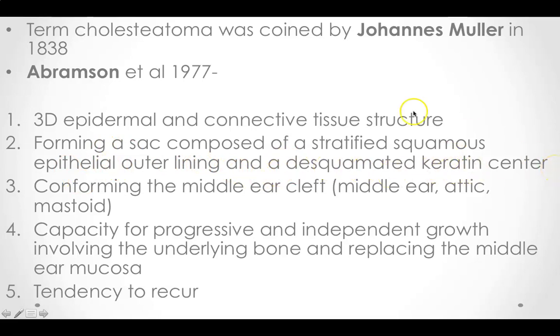Number two, it is confined to the middle ear cleft, so it can be either in the middle ear, attic or mastoid. This is the histological part, and this is about where it is present. There are a few other places where cholesteatoma can present, such as the brain, but that is not important for you.